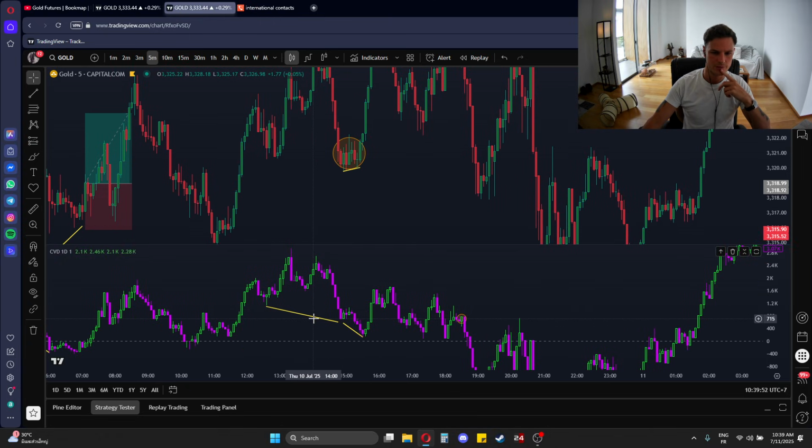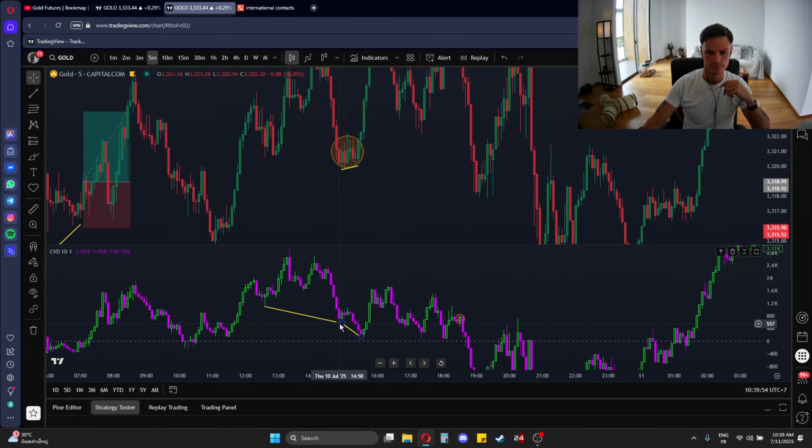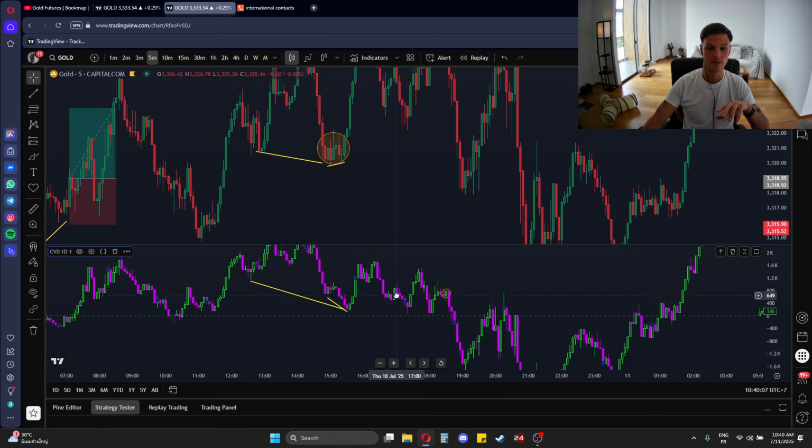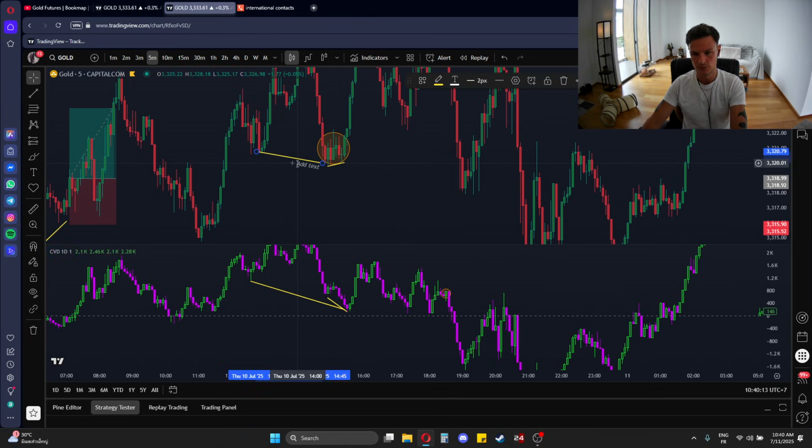Yeah, it's not really a divergence, but you can still see that we are making a slightly lower low. I would even call that equal lows. And yet we're making some way stronger lower lows on the CVD, right? So there's aggressive sellers from here to here, and yet we're making a tiny bit of a lower low. But we're going to ignore that because it's not a perfect divergence.